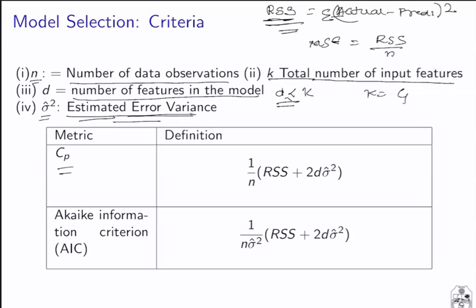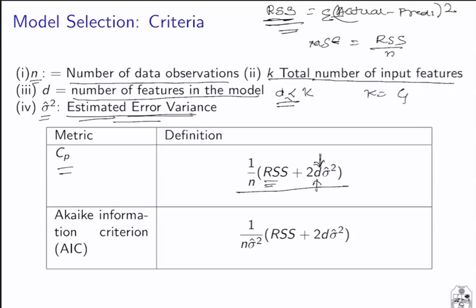Now the first metric that I am going to define here, Cp, is defined like this. It is the equation 1 divided by n, times, in the bracket, RSS plus 2 times d sigma cap square. So now see here, this RSS term is modified by adding this term. D denotes the number of features that you are going to use in your model.